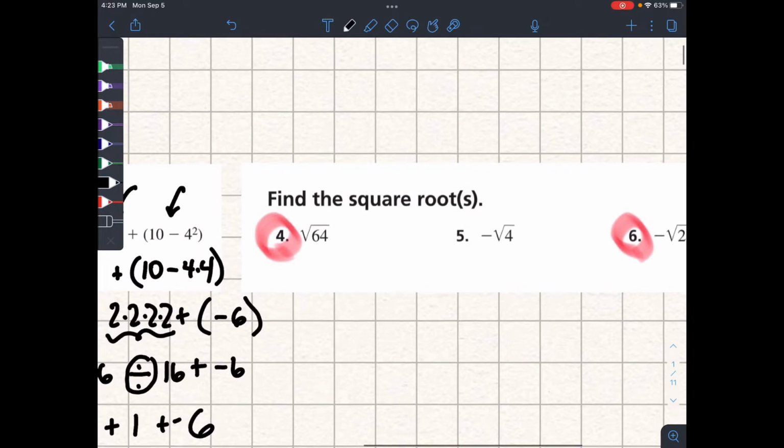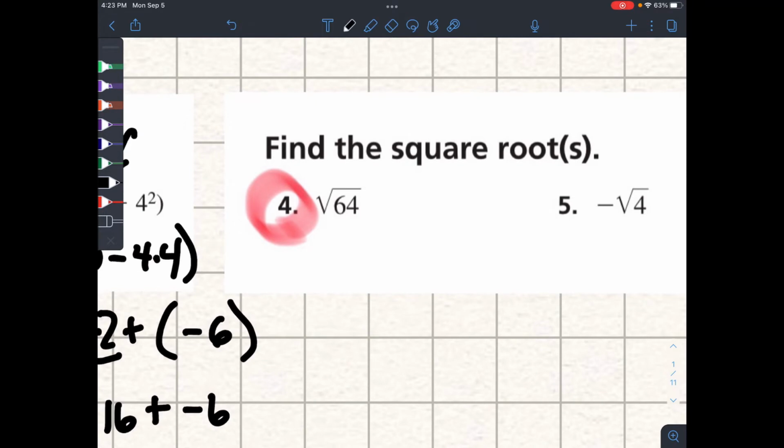One other little review idea here before we keep going. Do you remember the good old square root friend that you had back maybe in 5th grade, or not too sure when they introduced it to you? When we put that little square root around a 64, what does that mean? By the way, I tend to put a little tail to show where my square roots end. So the square root of 64, we're asking what number times itself is equal to 64.